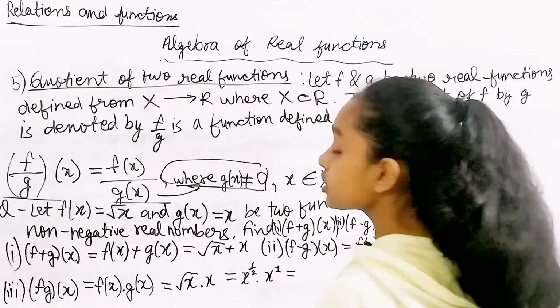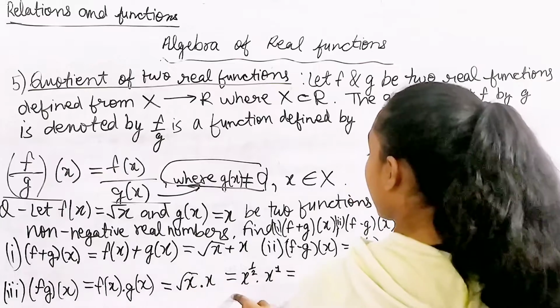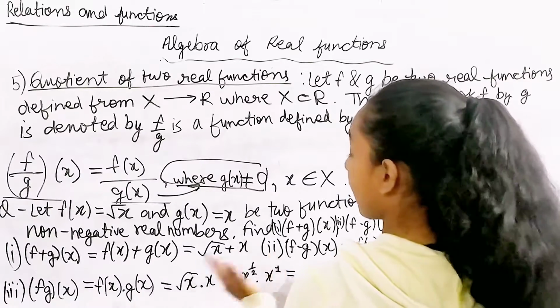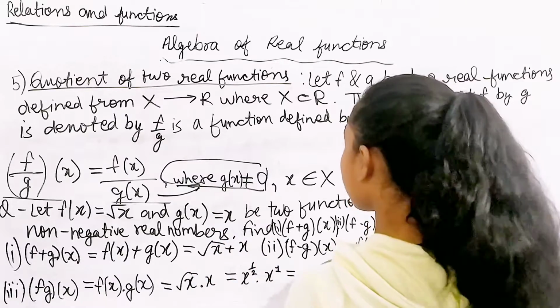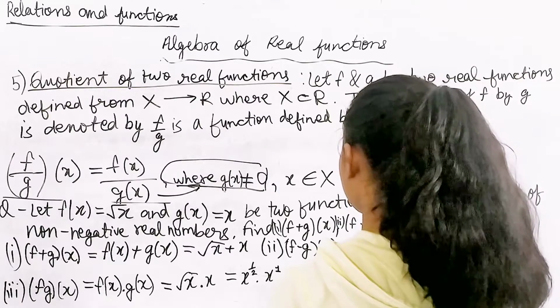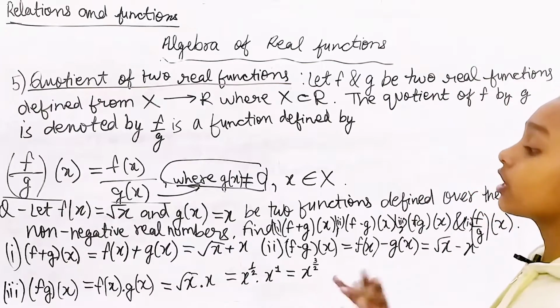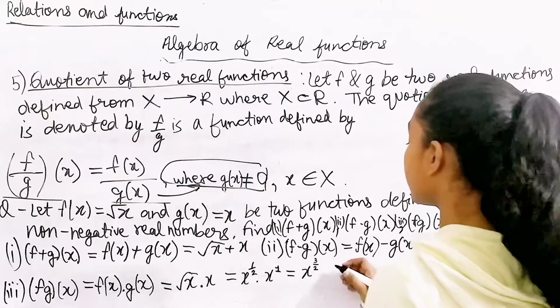According to the laws of exponents that we studied in earlier classes, the base is common, so we add the exponents. So we get x to the power 3 upon 2, isn't it? That was really easy, just a little bit to understand about it.